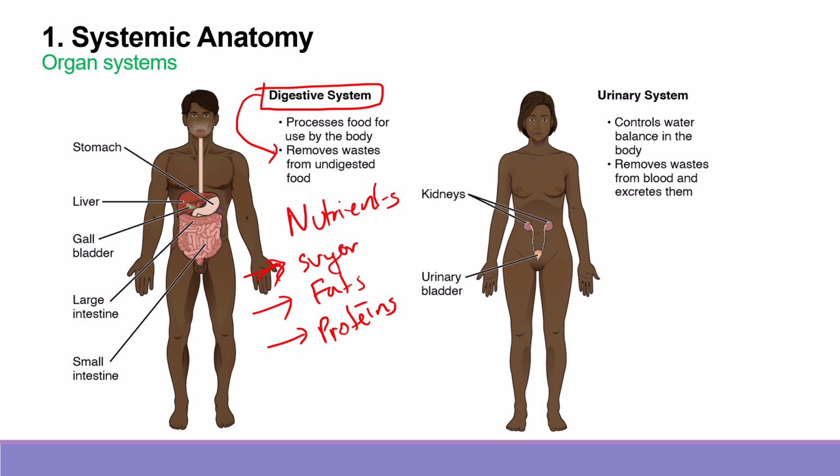And the reason why we eat these things is because sugars and fats are the way your cells will use as a fuel to generate energy. Proteins are the things that your body is going to use to build structures, to build antibodies, enzymes, muscle mass, and proteins in general.